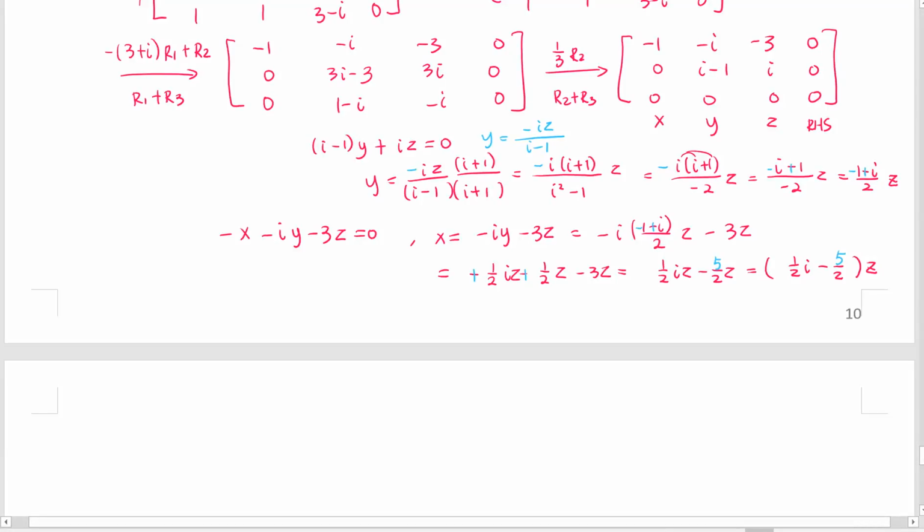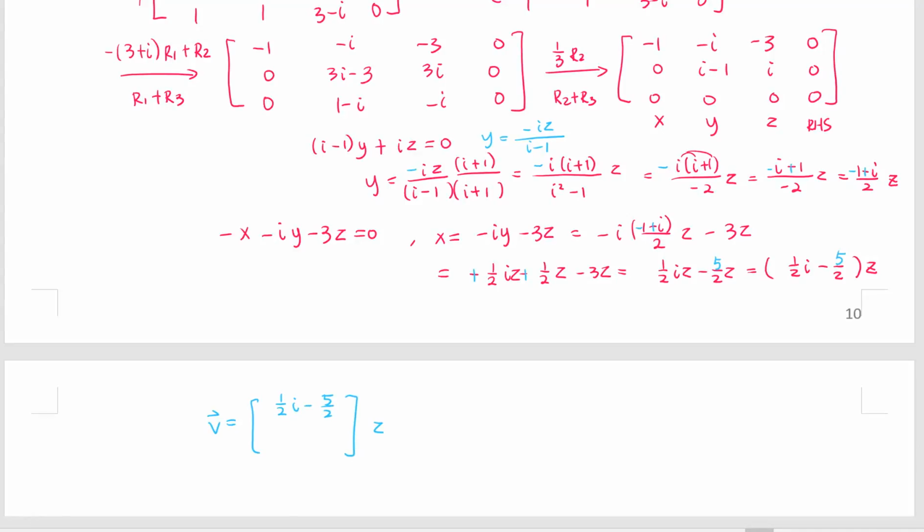Okay, so what is v then? x is 1/2 I minus 5/2 z. I can factor the z out. y is minus 1/2 plus 1/2 I, z, and z.